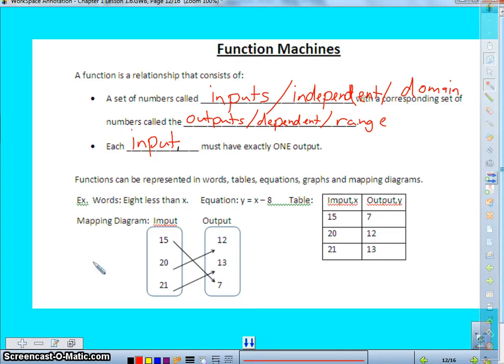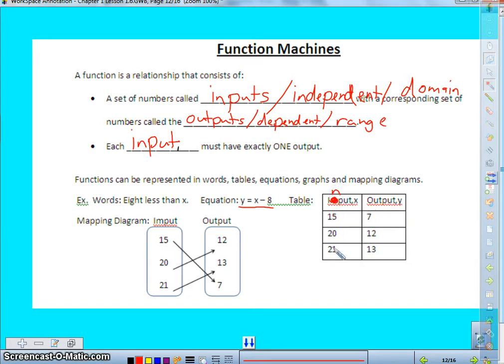So, mapping. There are a lot of different ways to show a function: words, tables, equations, graphs, and mapping. Words: 8 less than x. We can do that. That's just y equals x minus 8. If we put that into a table, input x, output y.